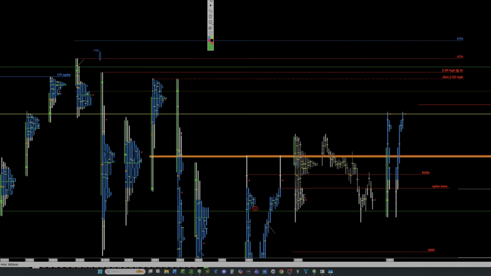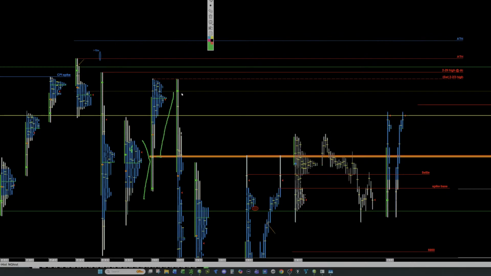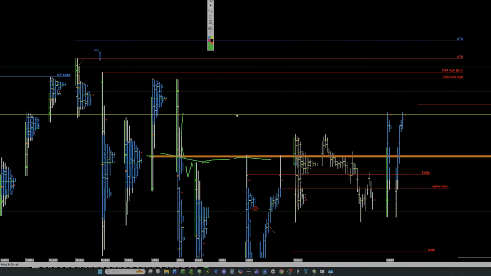This level here comes from this day, from this close here. It's a base for this high rejection here. It has been traded 1, 2, 3, 4 times, 4 days.